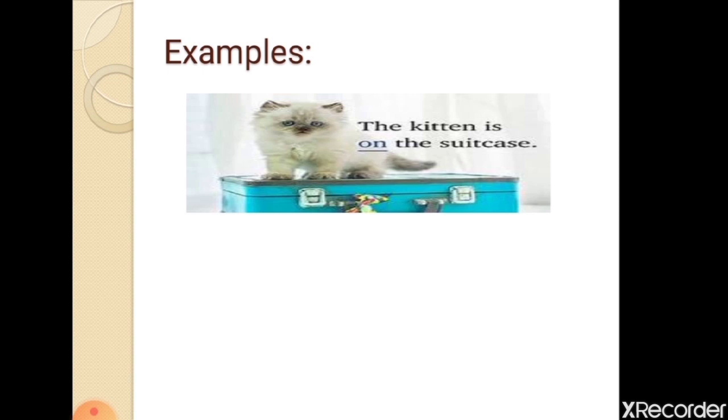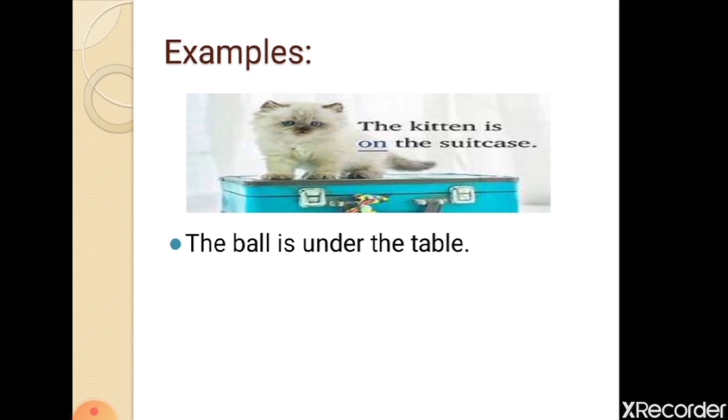But using on, we realize the location of the kitten, and that is why on plays the role of preposition, because it is a linking word between the kitten and the suitcase. So, here on is a preposition.